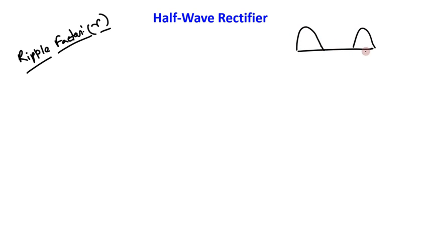So this is basically the output of a half wave rectifier. It may be the voltage, it may be the current. Here this is the time, this axis may be voltage or current, and this is the 0. 0 means the magnitude wise 0.